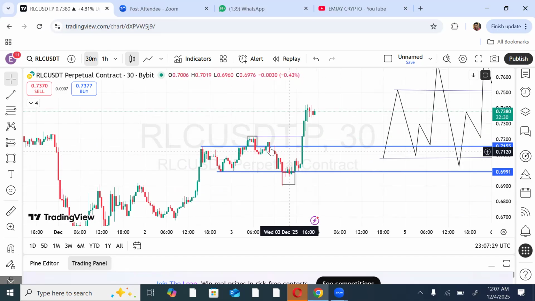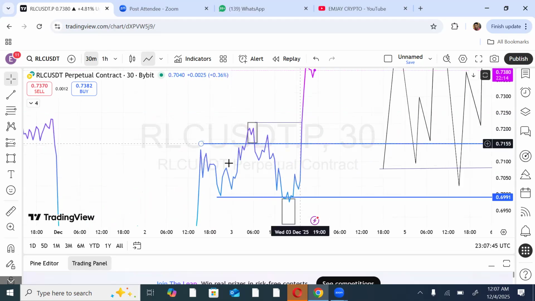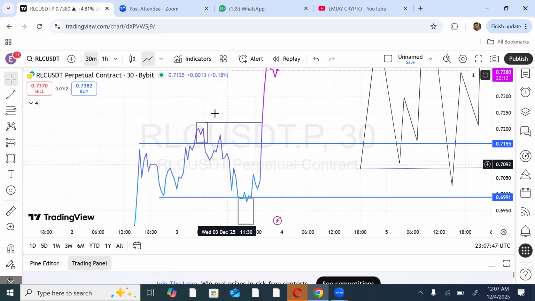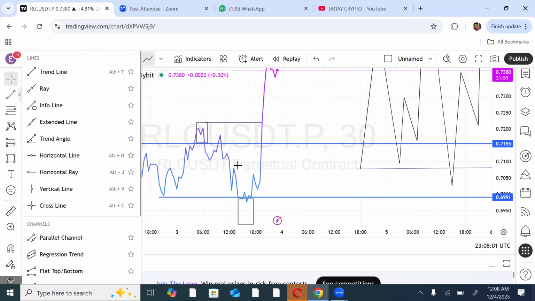So our area of interest, our point of interest is going to be the fair value gap that breaks through a liquidity zone or a key level. So I'll switch this to line chart. We can see this very clearly, right? We can see this very, very clearly. Let me just mark this.